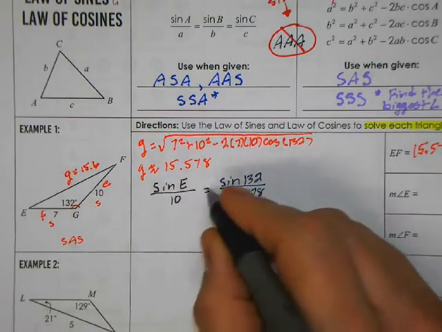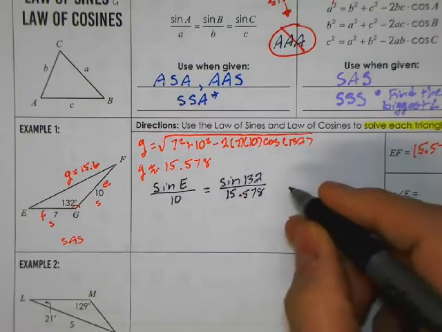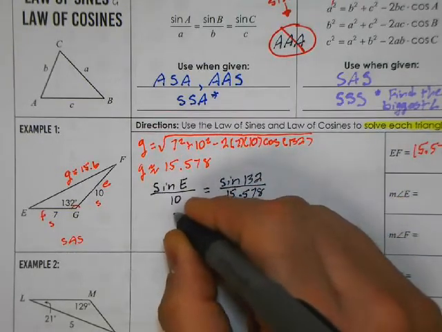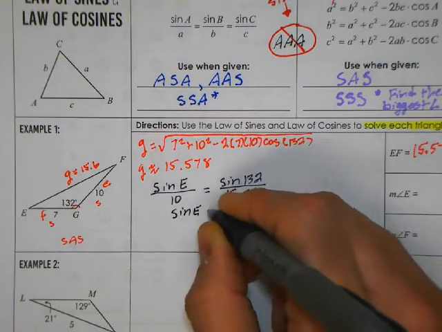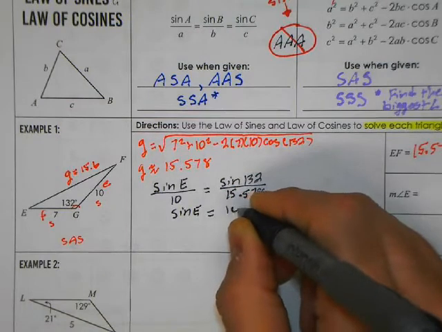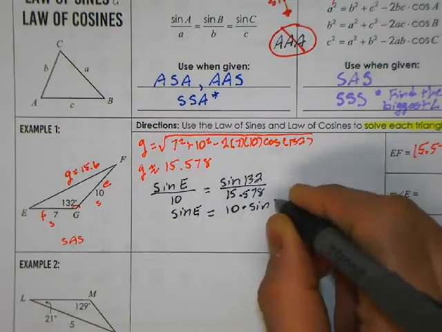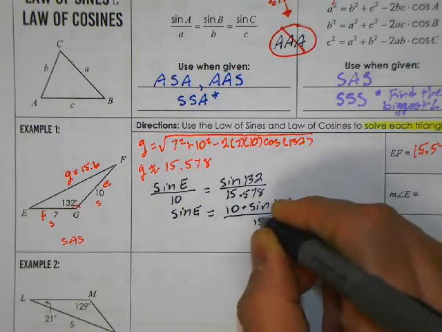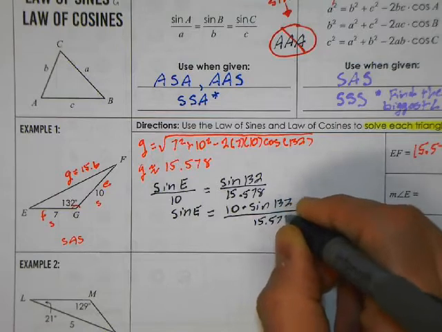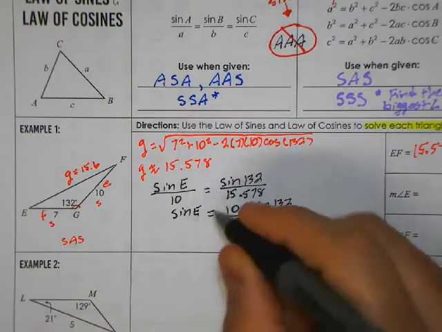Multiplying by 10 on both sides gives me the sine of E equal to 10 times the sine of 132 over the 15.578. And we're not looking for the sine of E, we're looking for the measurement of angle E.